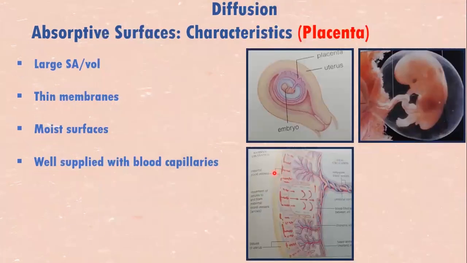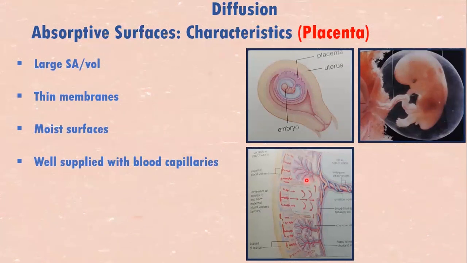Then we look at the placenta. The placenta is a structure that is formed between the fetus and the uterus of the mother. So this is the placenta of the baby, joined to the placenta. The umbilical cord is part of the placenta, we can say.